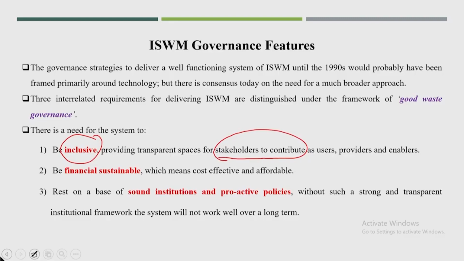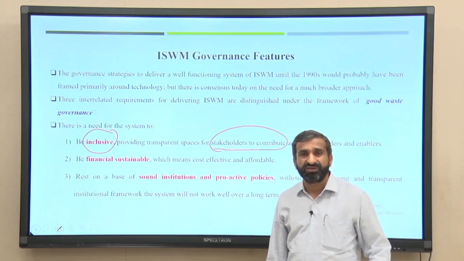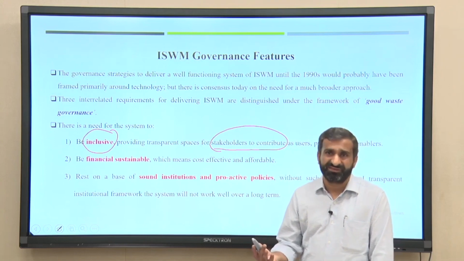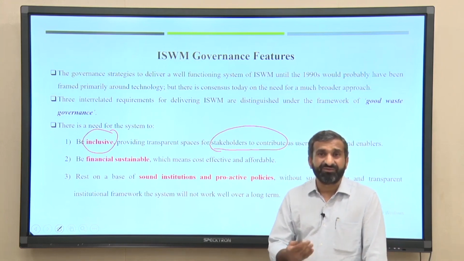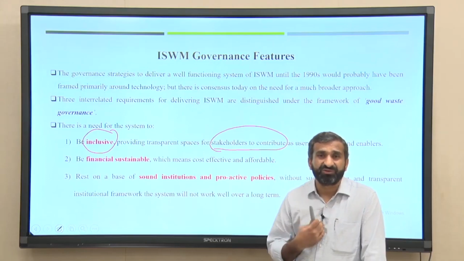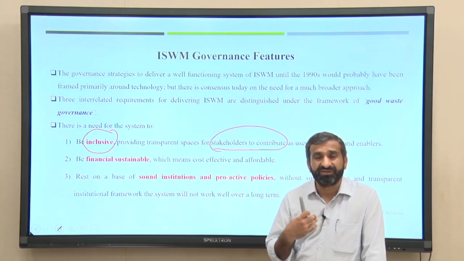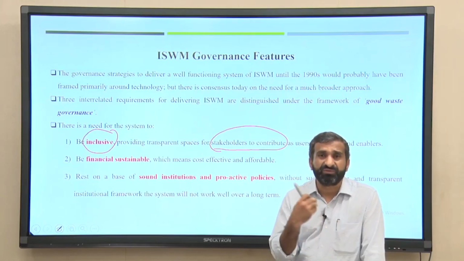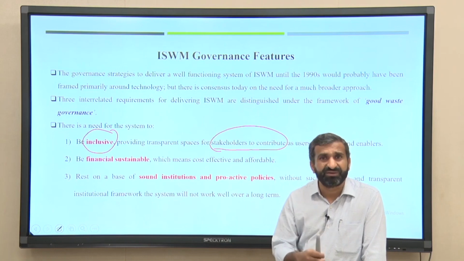Normally the plan is proposed by the local authority, on how best they can collect the waste and dispose of it. But they never talk about the generators, the rag pickers or the informal sector. There are a number of NGOs working with waste management, and they never talk about them.